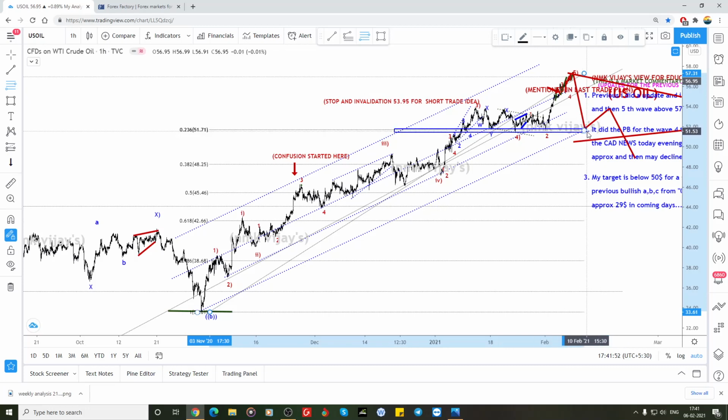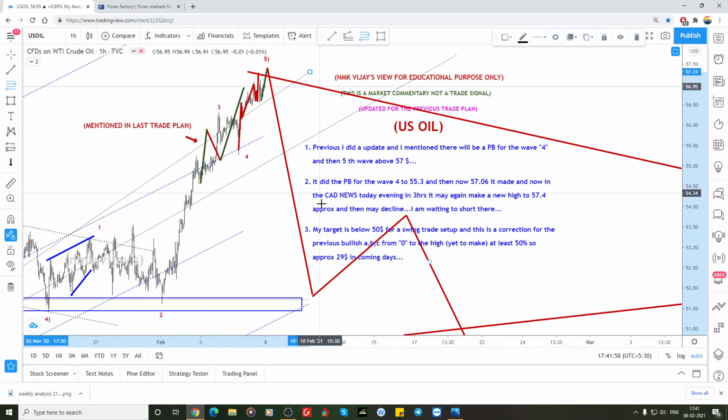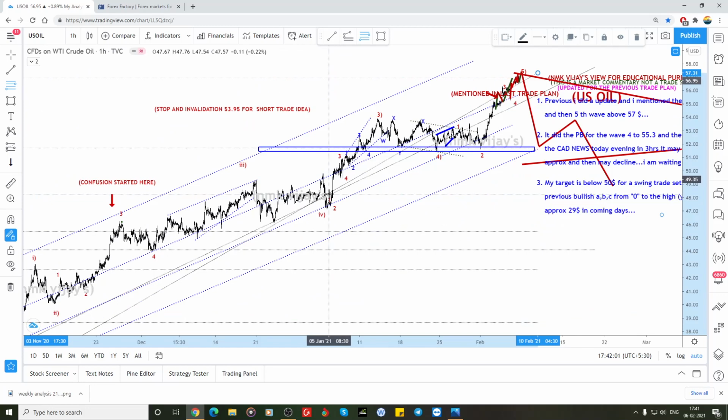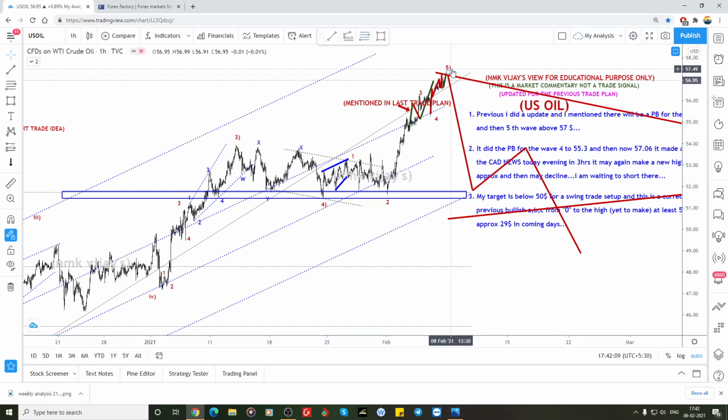At least it has to reach 51 if it is 23.6 in that triangle pattern. So we need to watch for this pattern, and then we have to decide whether we need to keep adding, or whether we need to book the profit and exit, right, if it holds this.